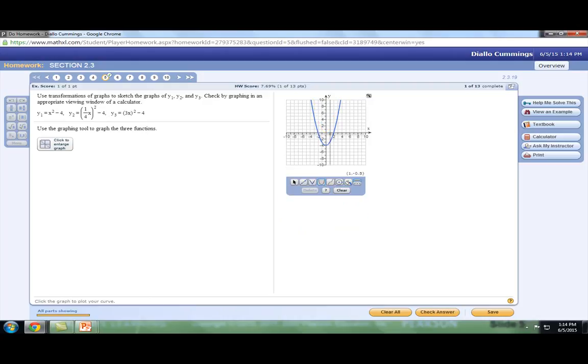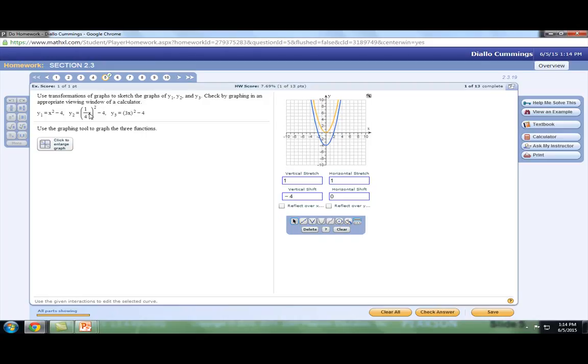So in graphing my y sub 2 function, my vertical shift is -4. However, since I'm multiplying x by 1/4, this will result in a horizontal stretch. So my horizontal stretch is 0.25, which is 1/4.